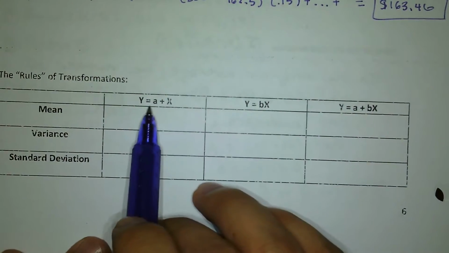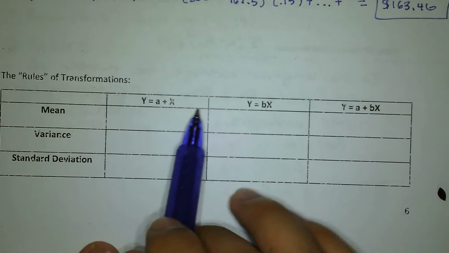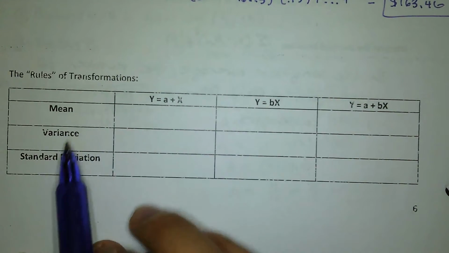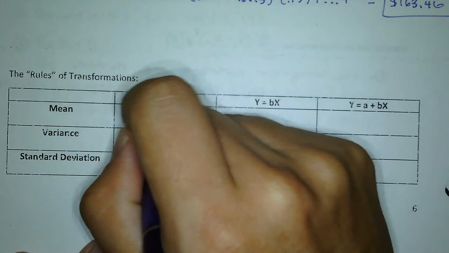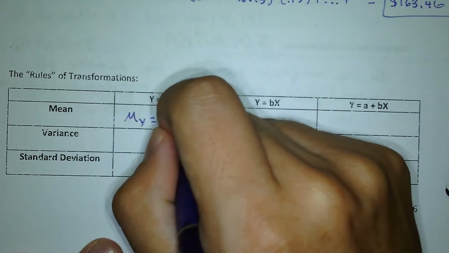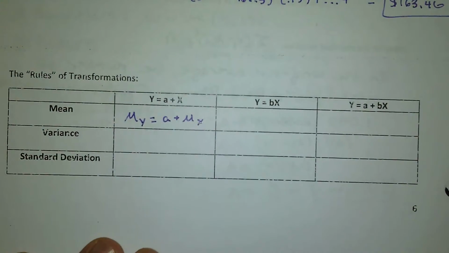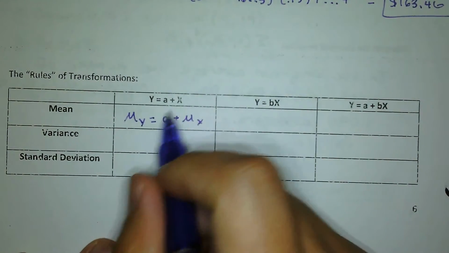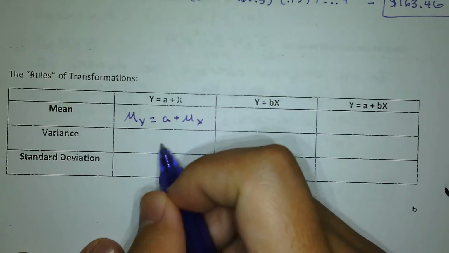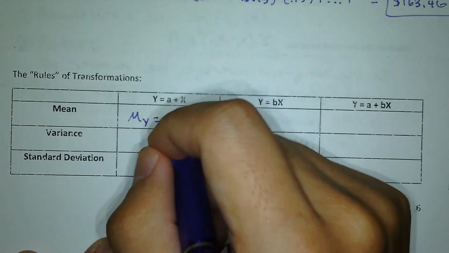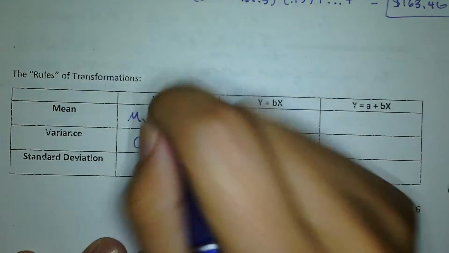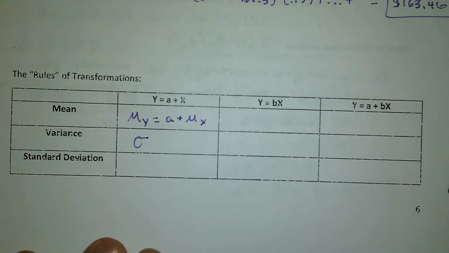Very similar. If we are adding a constant, we know that that changes centers, but it does not change spread. So that means the mu of y here would be equal to this constant plus the original mean. However, if we look at the spread of y, we are not changing the spread really. If we're just adding, we're just taking the thing and we're moving it over.